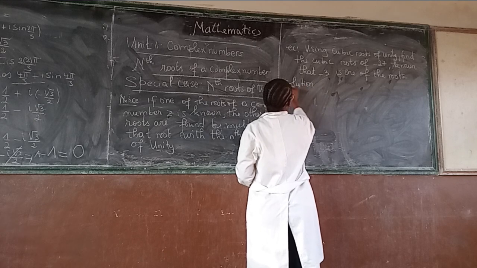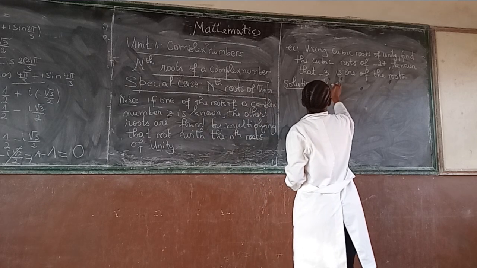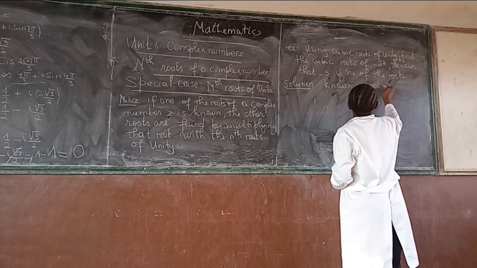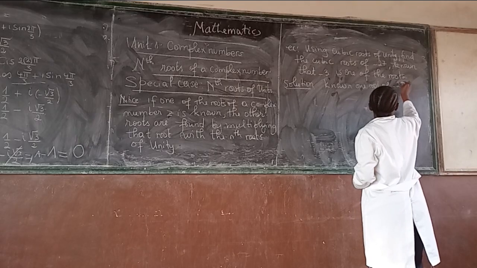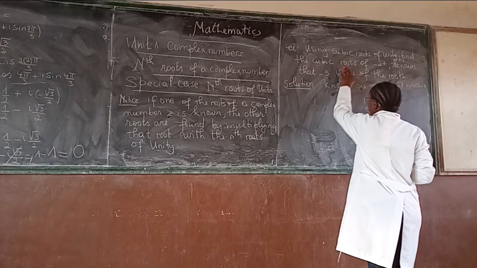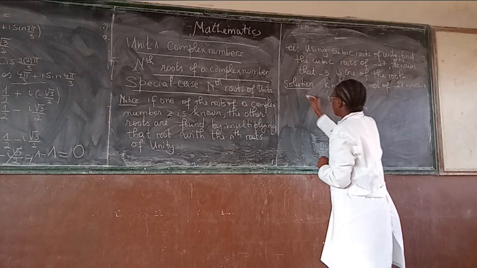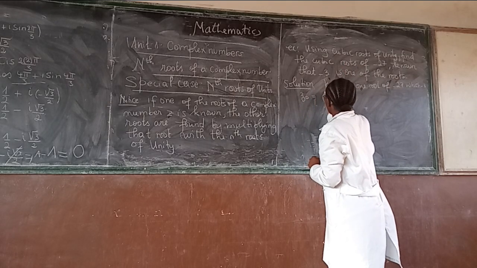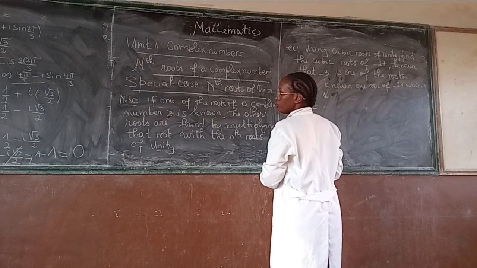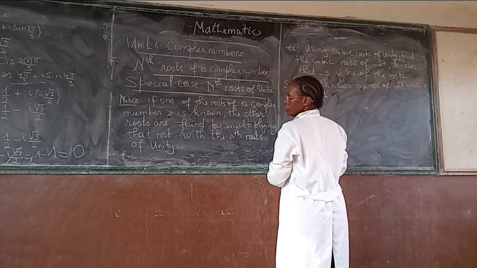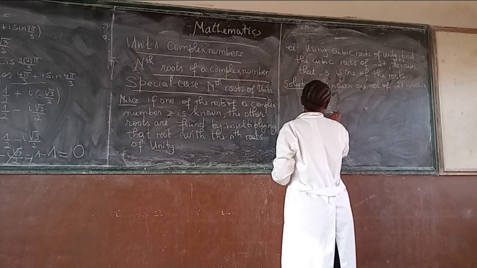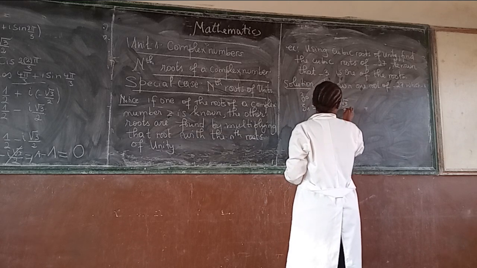Solution. We know one root of negative 27, which is negative 3. And the cubic roots of unity, we have already found. One root is 1. The second root is negative 1 over 2 plus i square root of 3 over 2.